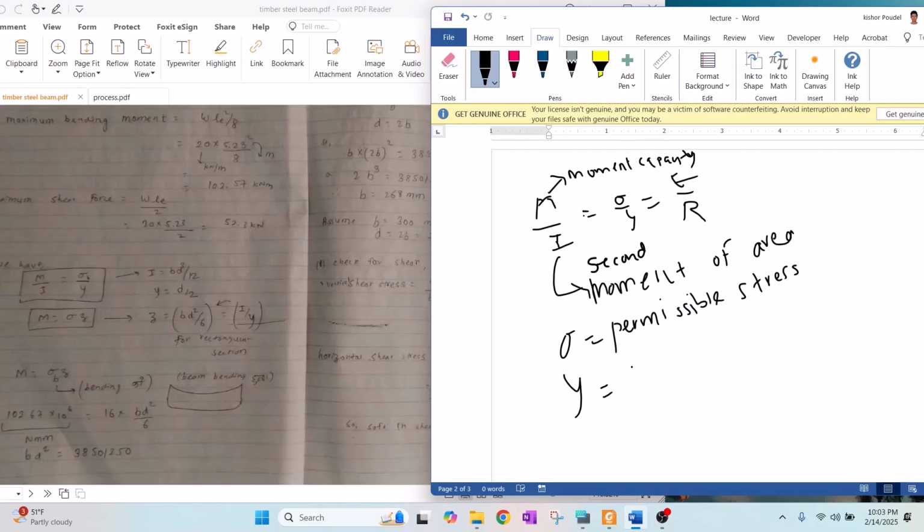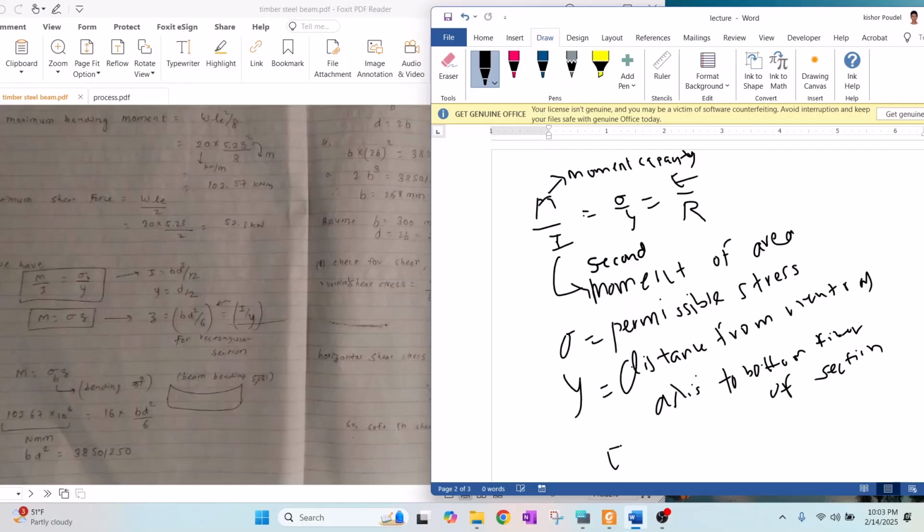Y is the distance from neutral axis to the top or bottom fiber of a section, and E is the modulus of elasticity, and the last one, R, is the radius of curvature.